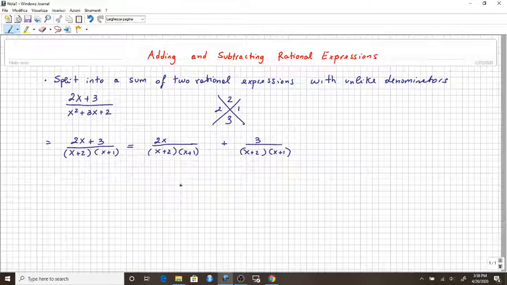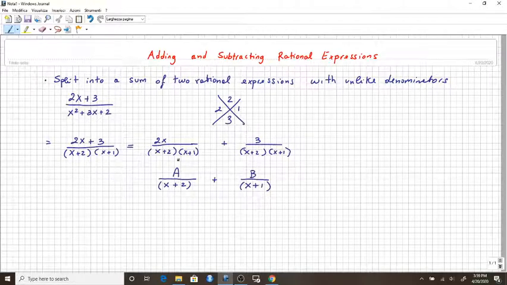Okay, well, for example, here is something we can do. Let's assume I want to write this over x plus 2, right? So just x plus 2. So I want something, let's say a divided by x plus 2. And then I want something like b divided by, let's assume I just want x plus 1, okay?